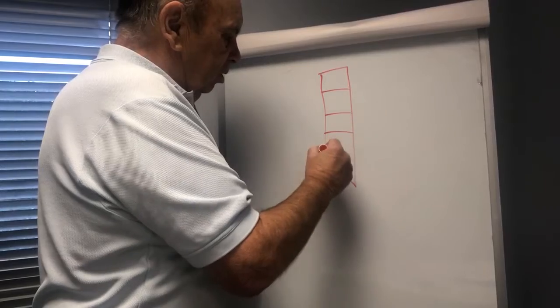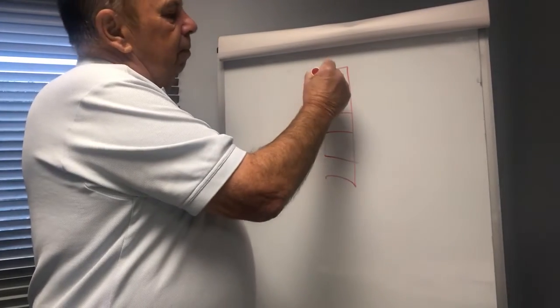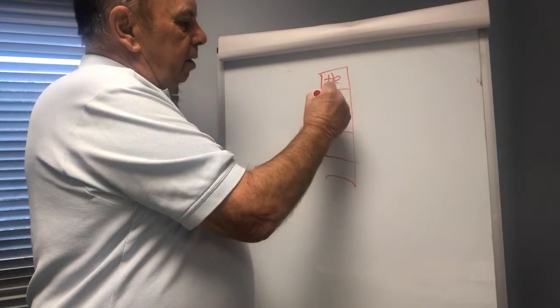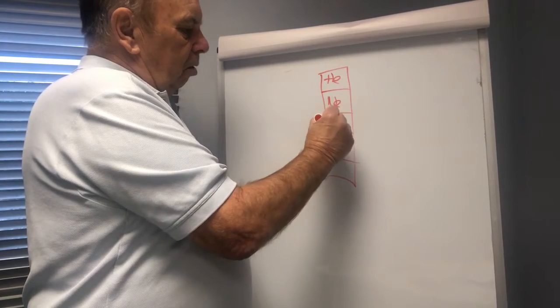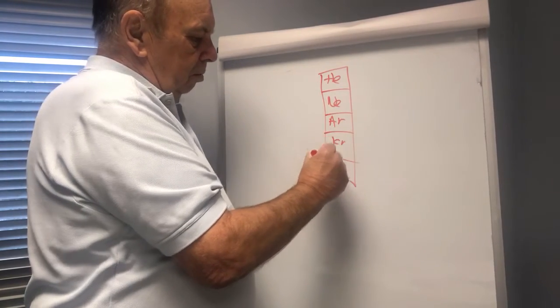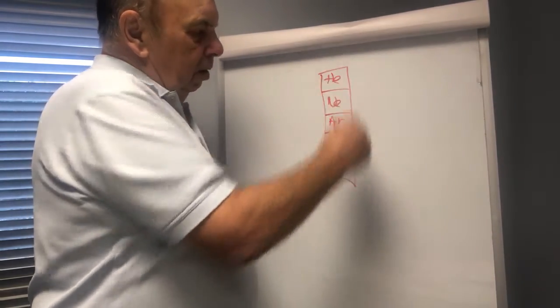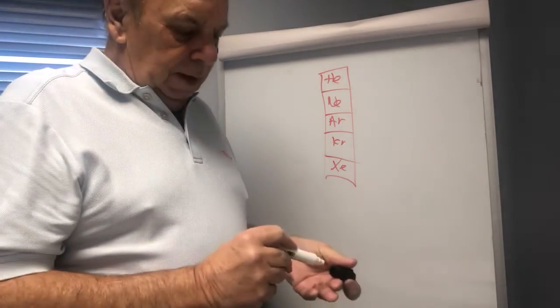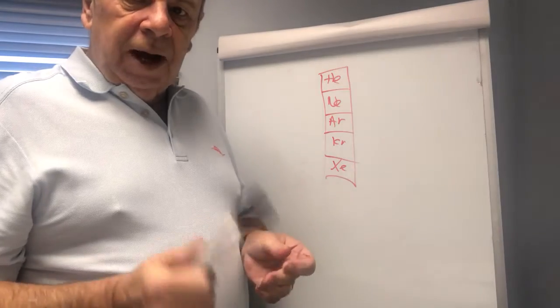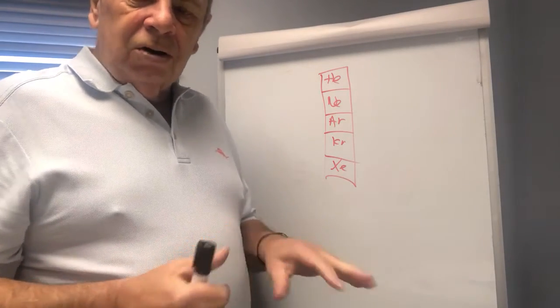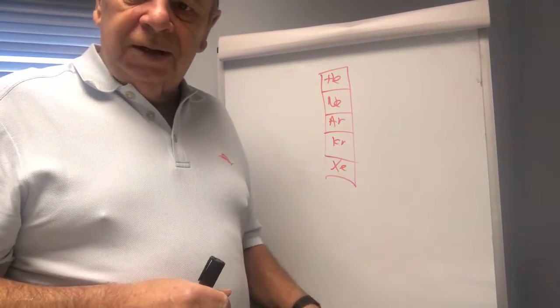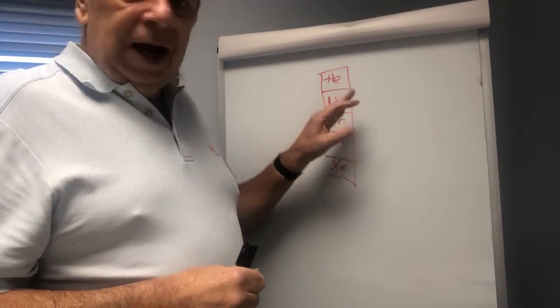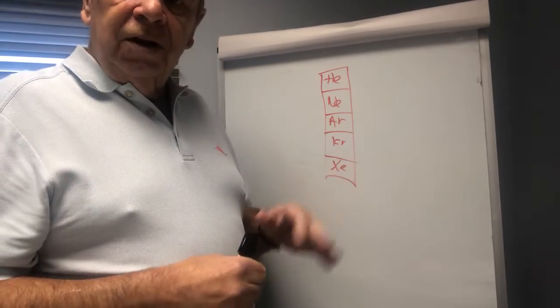They are as follows: helium, neon, argon, krypton, xenon. Going down that group, they get larger, but the reactivity hardly changes because they're not reactive in the first place because the outer shell is full.